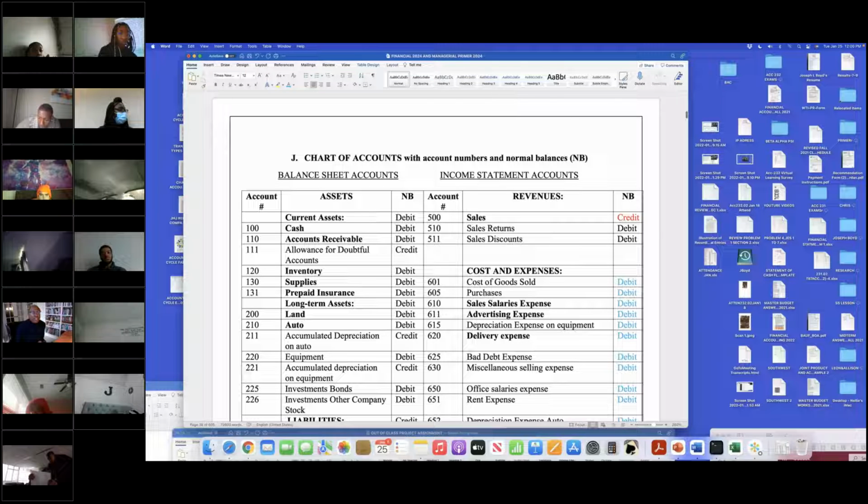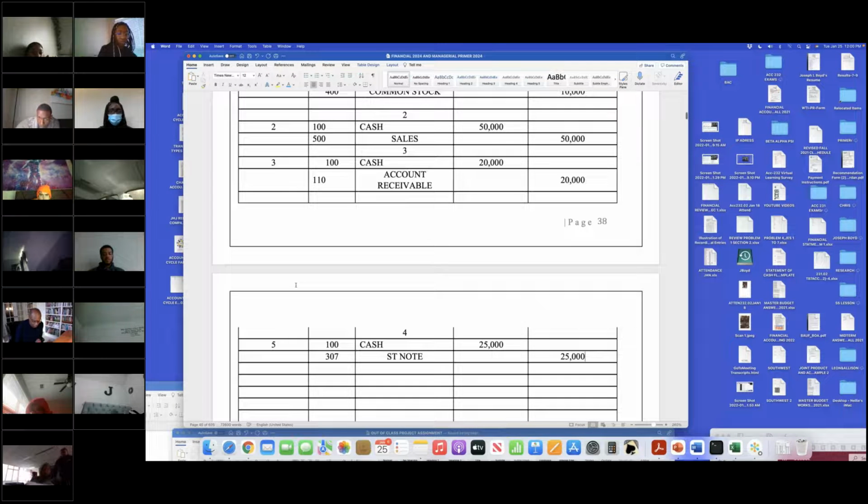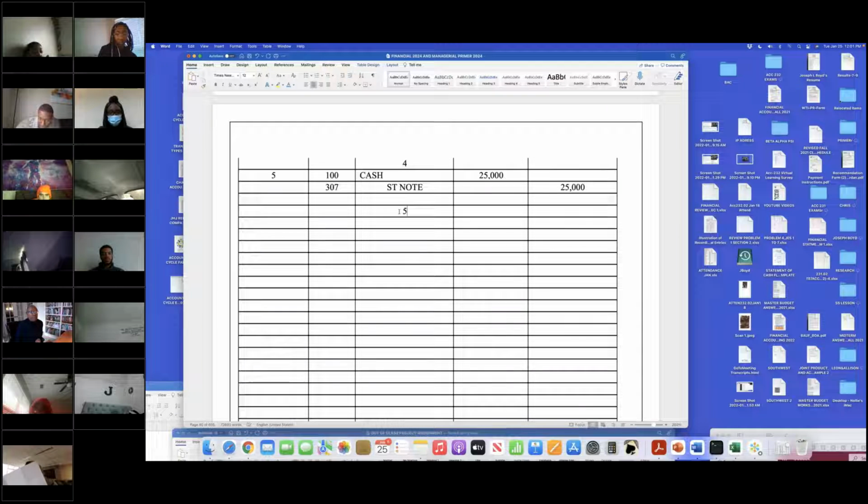So when we get to journal entry 5, we say the type is 7, and we're going to debit supplies, and supplies is 130, correct? And now we're crediting cash.